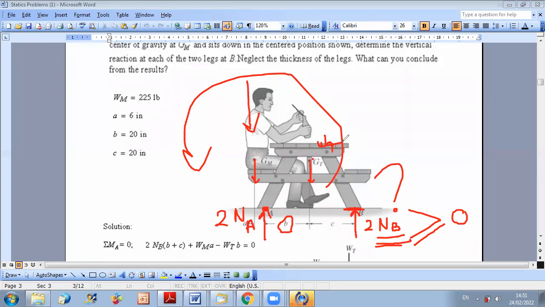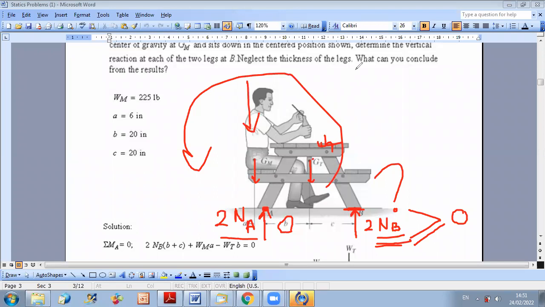Okay, so now if we look at our figure, in order to get NB as a function of W table, we should find an equation which will not consider NA. So we need an equation without NA: we can do the sum of moments about A and set it equal to 0. This will allow us to find NB as a function of our other variables.